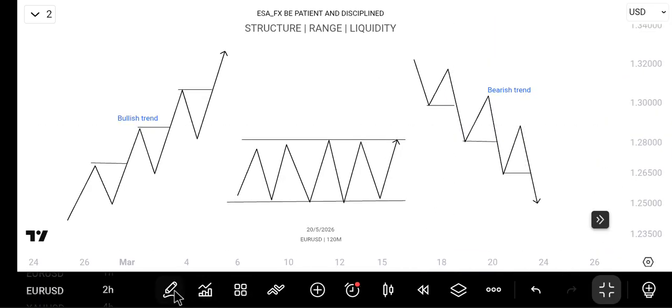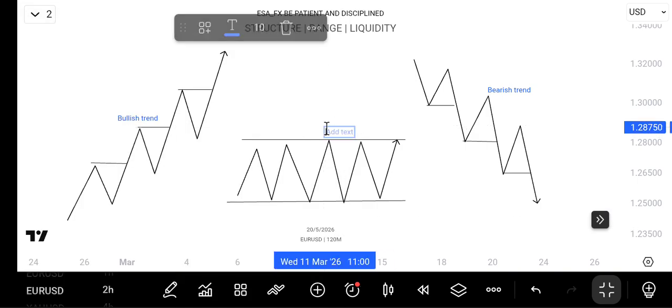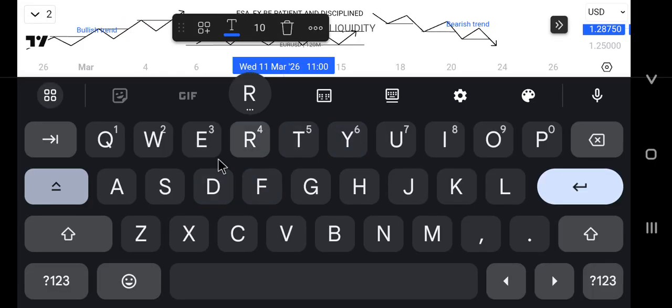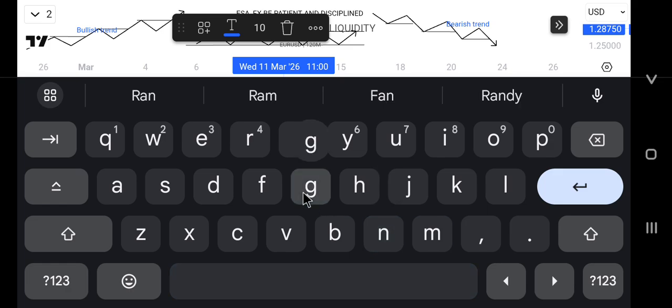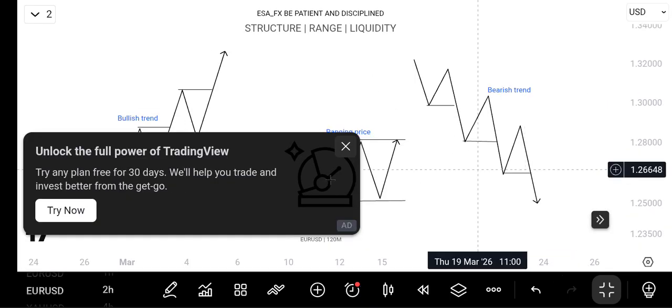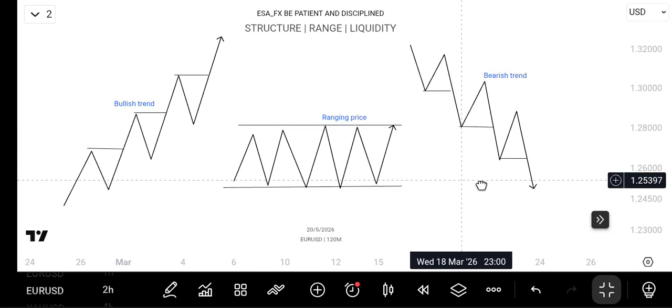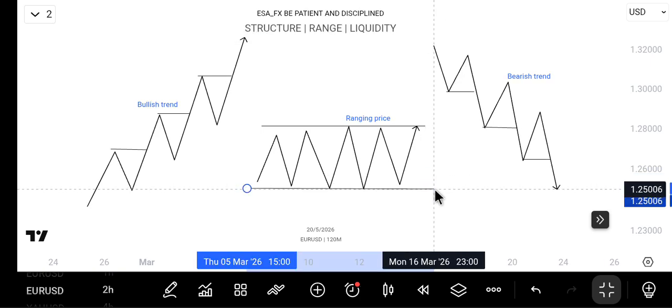And this is range in price. So that is basically the types of movement price is going to make.